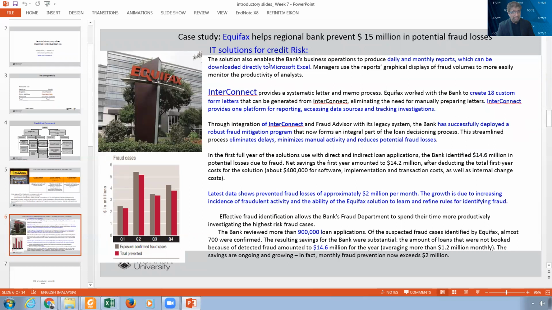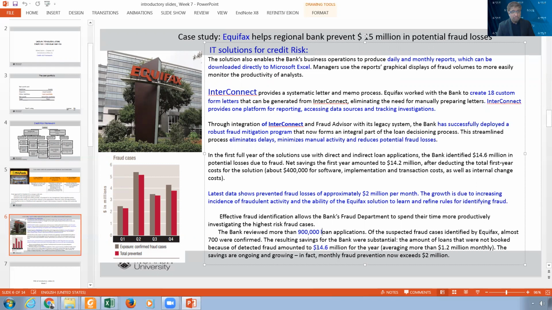And you know what? In those 900,000 loans, they found the defaulting loans or fraud. This is only by the system, before they give it to the management.